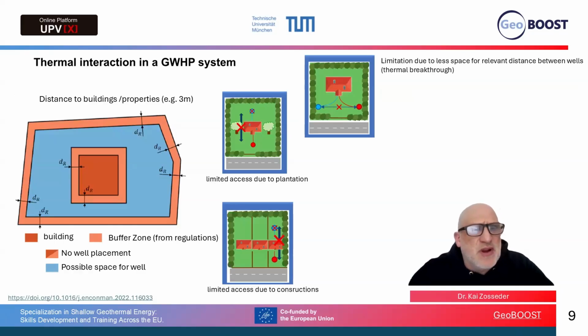You should have a distance between your buildings, and also the distance between production and injection well we already discussed, and also some distances to plants, plantations, trees, and so on, because for the planning, it is important that with your drilling equipment, you can go into the space where you want to implement the groundwater heat pump system, and that it is reachable for all the work which must be done.